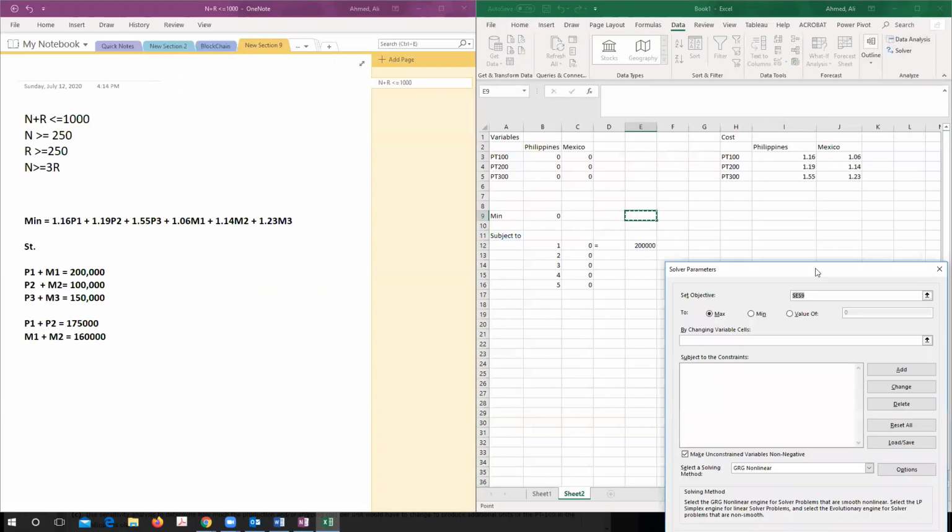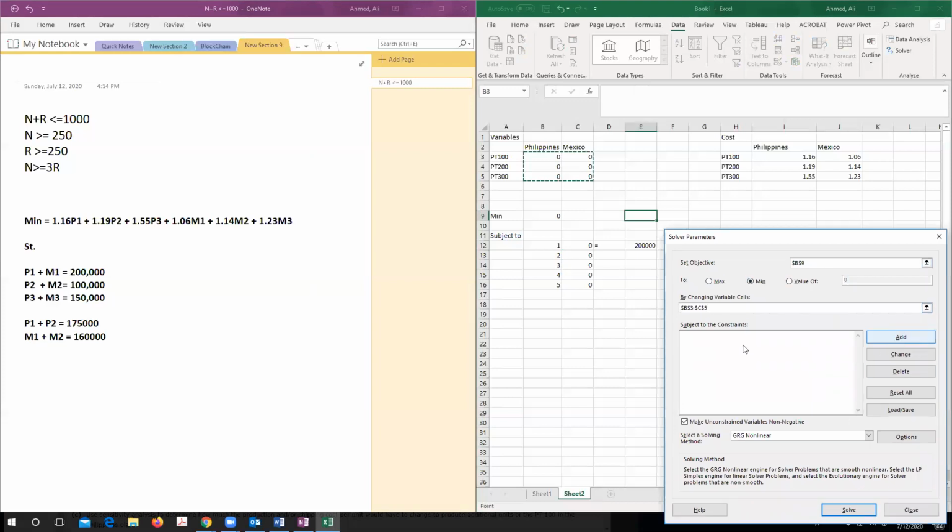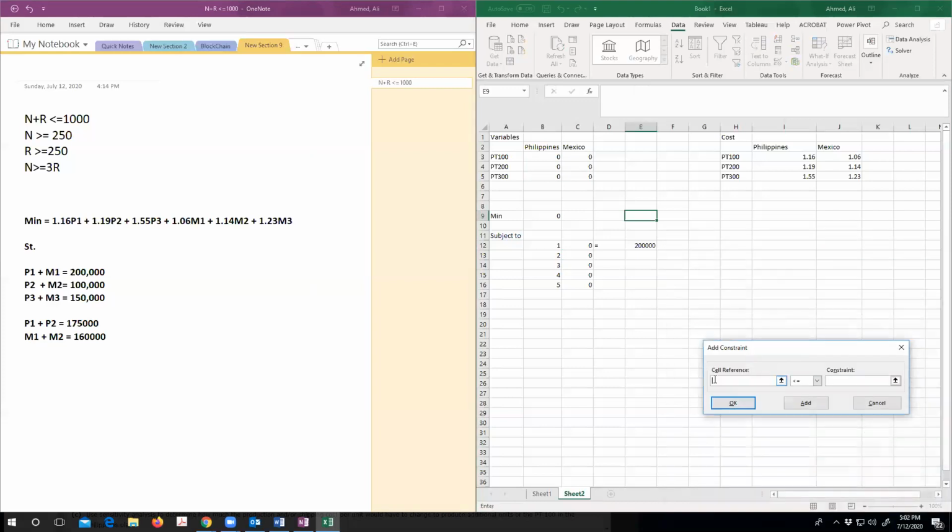We have to set the objective value, this value, to minimize, by changing these cells, subject to constraints. So the first constraint is this cell has to be equal to 200,000.